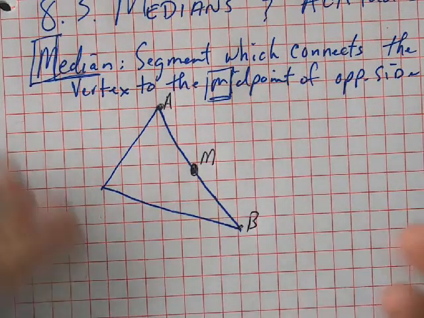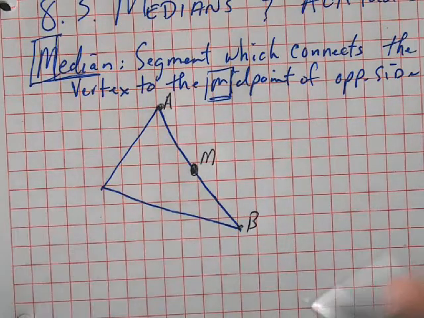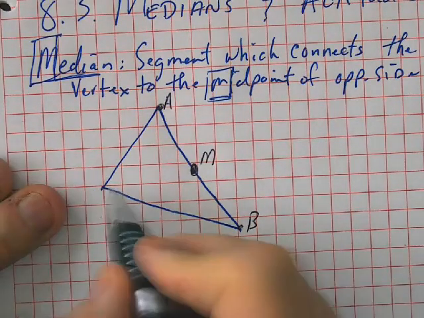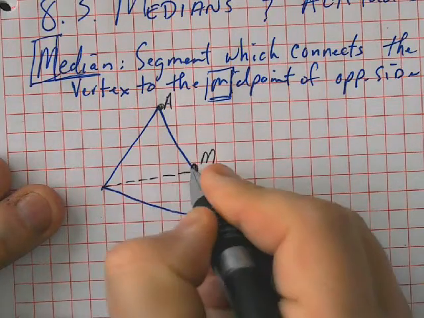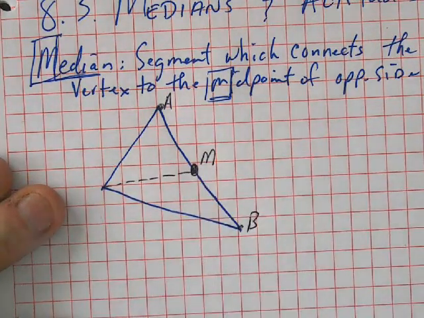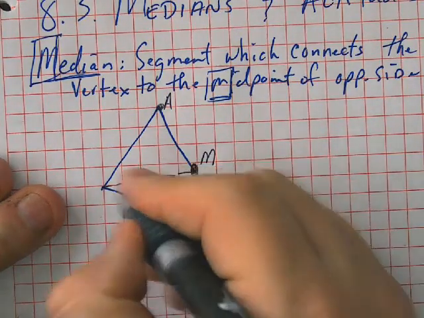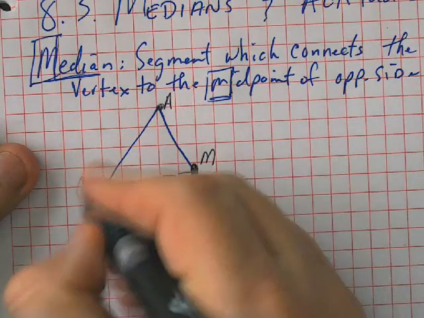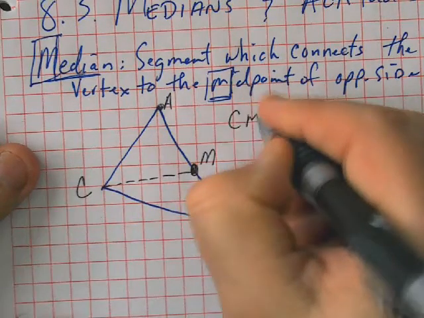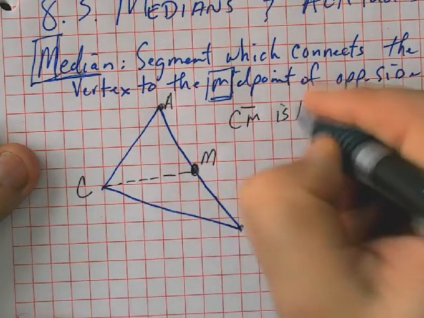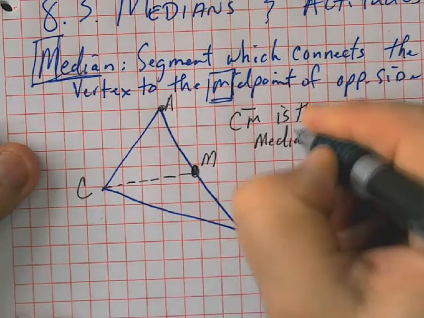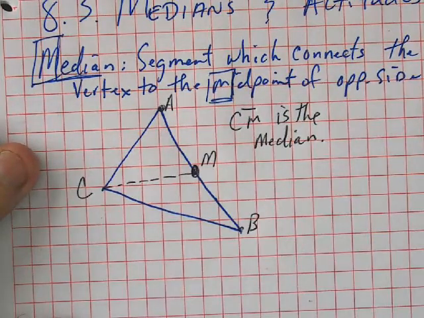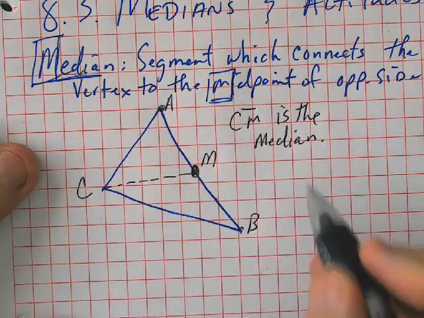We're not constructing it. We're not measuring it. We're just approximating that that's the midpoint. And so when I connect the vertex to the opposite side's midpoint, that segment right there, let's call this C, CM is the median. CM is the median.